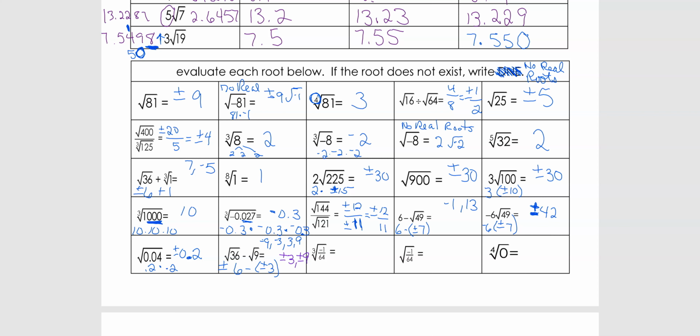All right. Okay, so the next one is the cube root of negative 1 over 64. We're going to do the same way we did with the fractions for our square roots. So it's going to basically be the cube root of negative 1 over the cube root of 64. And it's negative, so it doesn't actually matter. So negative 1 cube root is negative 1. And then the cube root of 64.